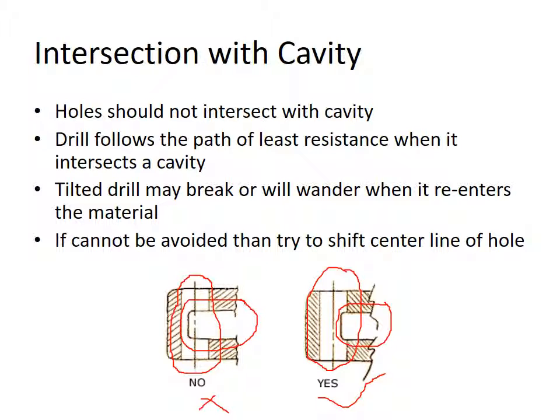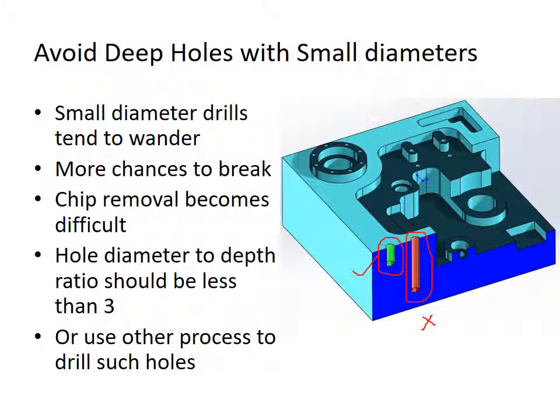So it should be tried that the hole does not intersect any cavity asymmetrically, and even if that cannot be done, then try to shift the center of the hole as far as possible from the cavity. As we can see in the right figure, they have redesigned their component and shifted the center of the hole away from the cavity. So the right design is more preferable than the left design.